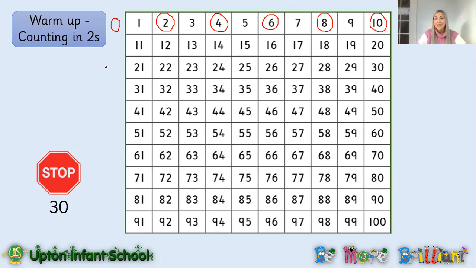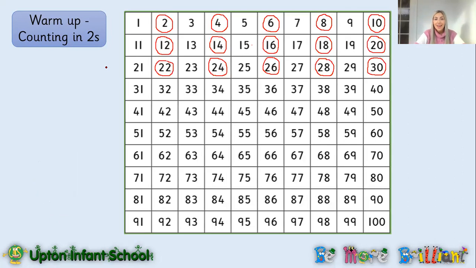Okay, pause here if you need a little bit more time. But it should look something like this. And you can see the pattern there. So counting in twos, we know that they always end in a 0, 2, 4, 6, 8.